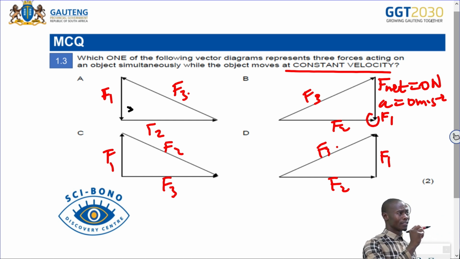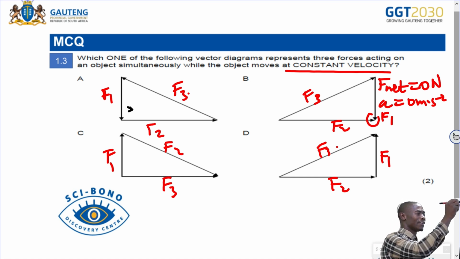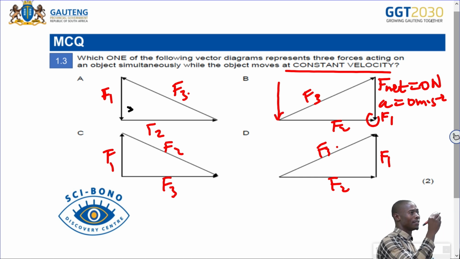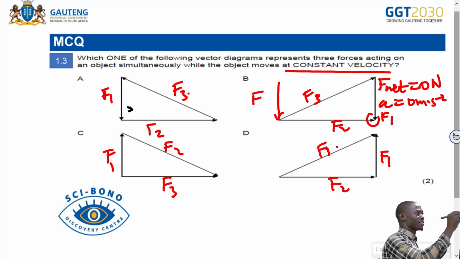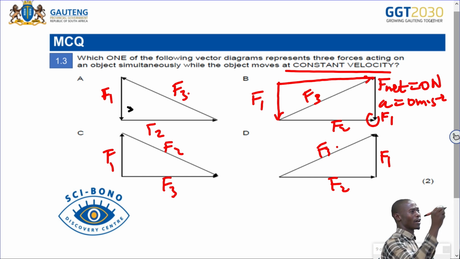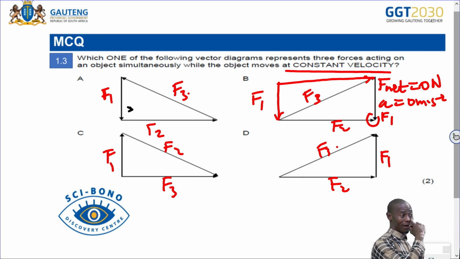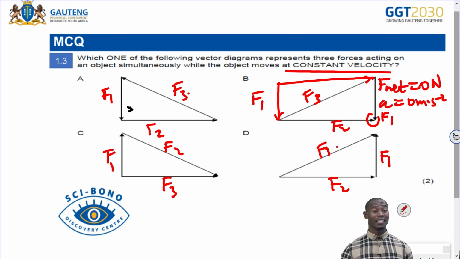If you try to complete the parallelogram using tail to tail, then you have your F1 this side and your F2 there, so your resultant should be this diagonal. So there is a resultant here. This is not a closed vector diagram.